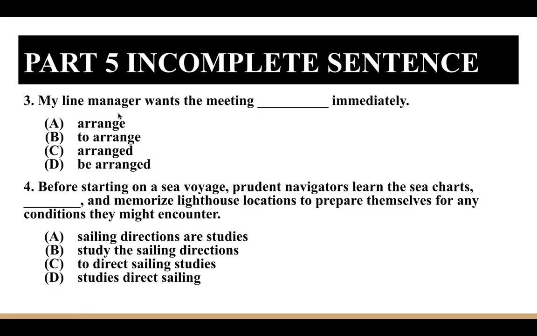My line manager wants the meeting wants 2, right? 1 plus 2, so it's a very simple form here to arrange the wants my line manager wants the meeting. If we look at the first glance, wants something to, right?